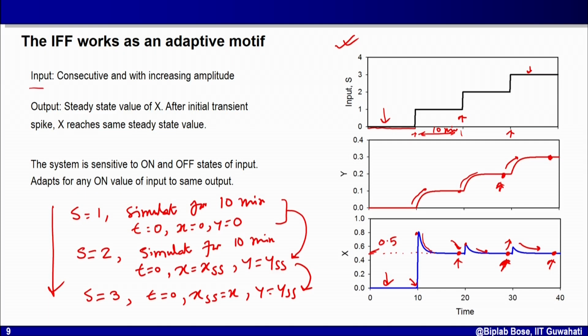I have an input of consecutively increasing amplitude. S is changing from 0 to 1 to 2 to 3. And the output, which is nothing but the steady state value of x, has a unique behavior that after an initial transient spike, x reaches a steady state value which is the same for all values of s. In other words, the system is sensitive to on and off state of the input and adapts all on values to the same output.